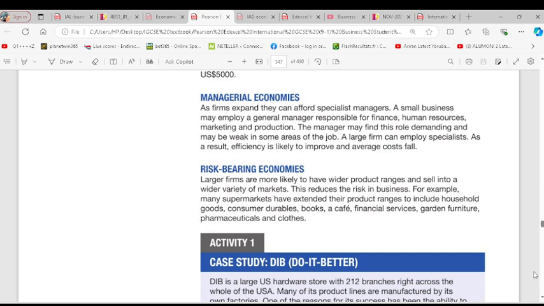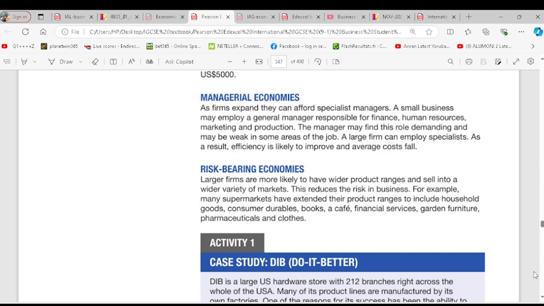But large firms can attract the most skilled workers and the most skilled managers in the industry because they are big. Everyone wants to associate themselves with a big firm. So that allows efficiency, because a large firm has the ability to employ special managers for special purposes, or a manager can be assigned to each department, unlike a small business.